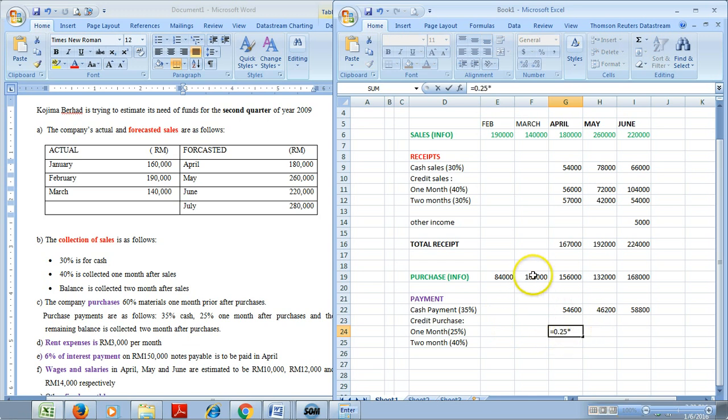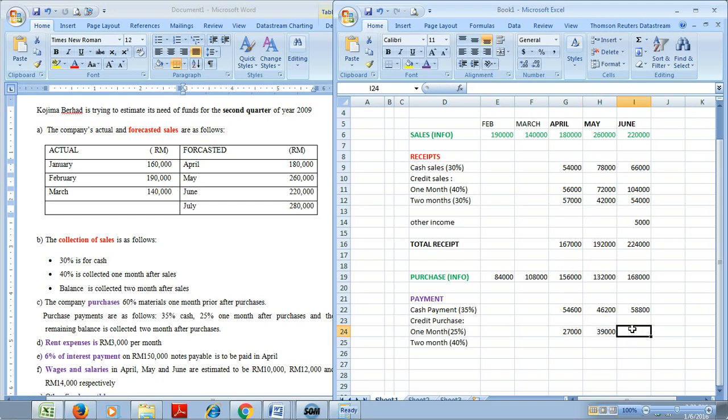The amount of purchase in March. How much? 100,008, and you get your answer. How about this? 1 month also. If you do May, what purchase do you take? Yes, you take April. Okay, 0.25 times April purchase, then you get the answer.